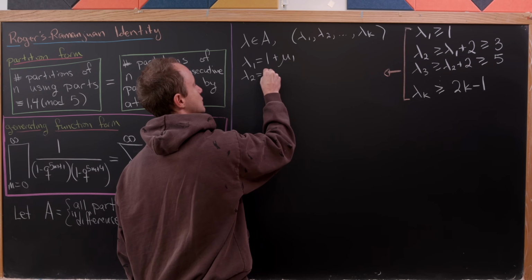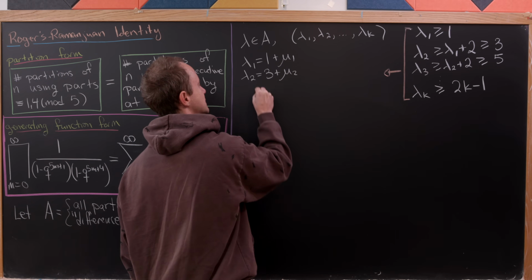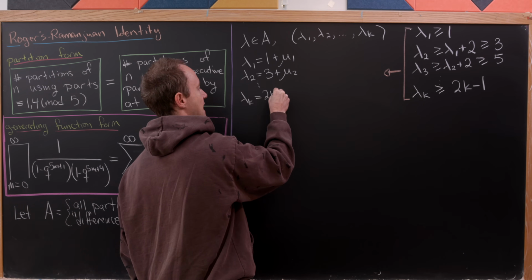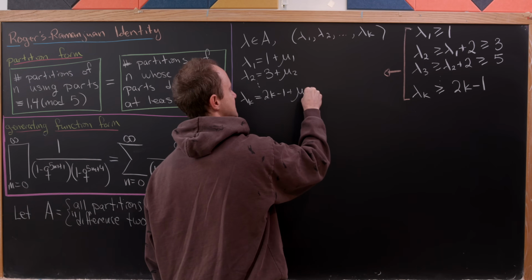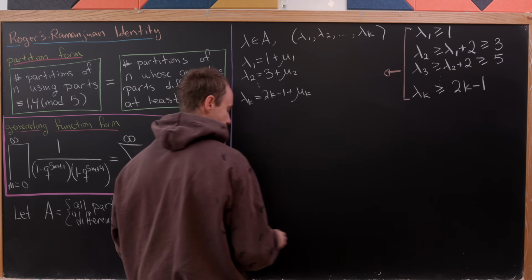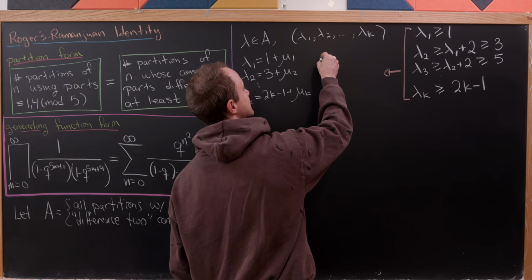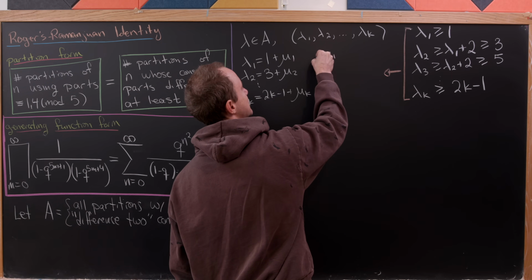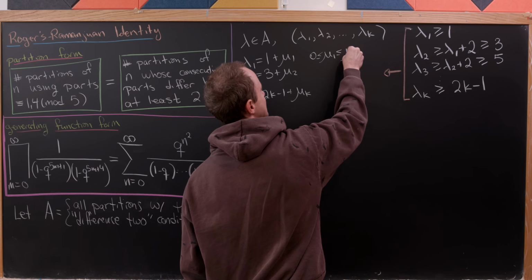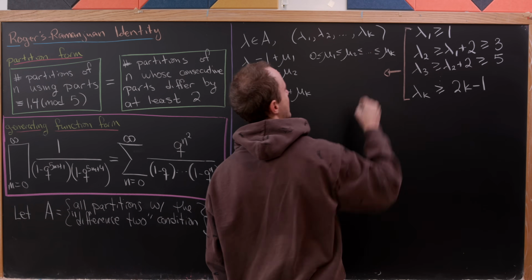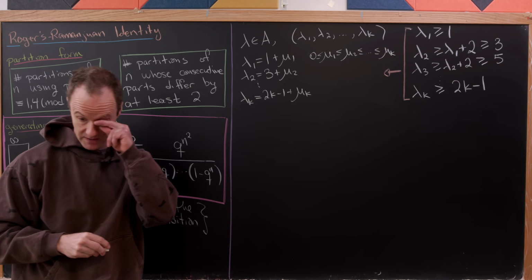Lambda 2 is equal to 3 plus mu 2. All the way down, lambda k is equal to 2k minus 1 plus mu k. And well, the important thing here is that we have mu 1 is bigger than or equal to 0, but it's less than or equal to mu 2, less than or equal to mu 3, all the way down less than or equal to mu k.